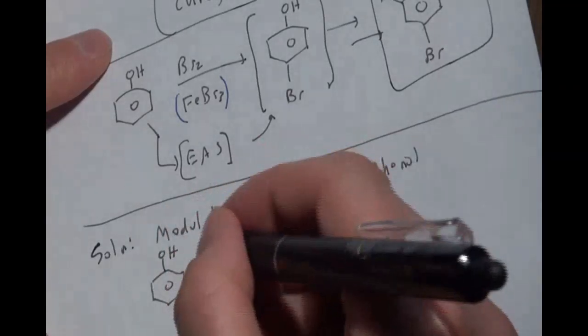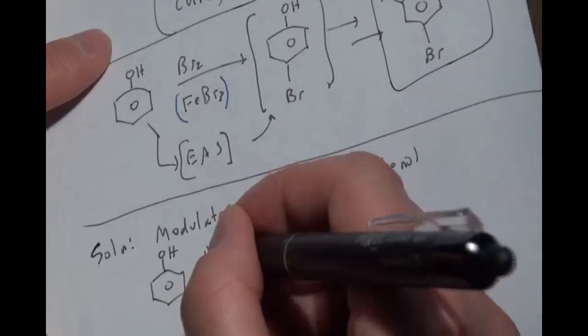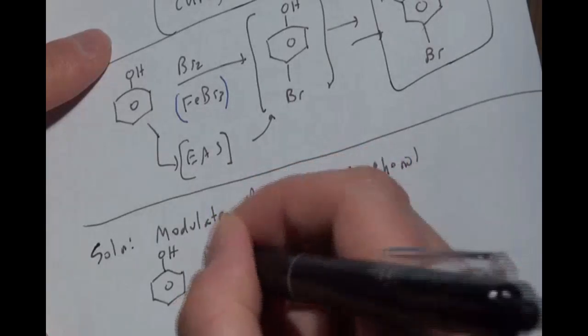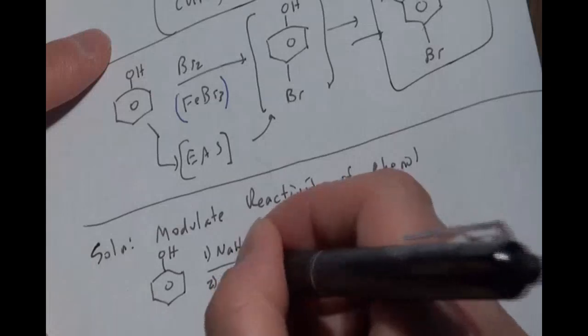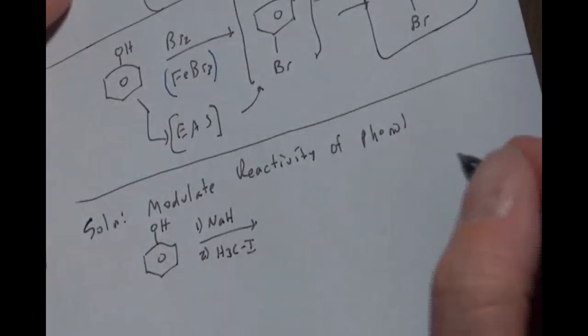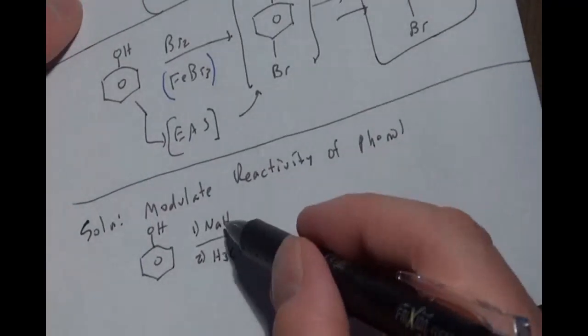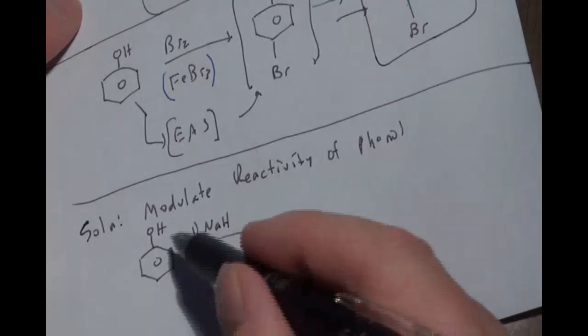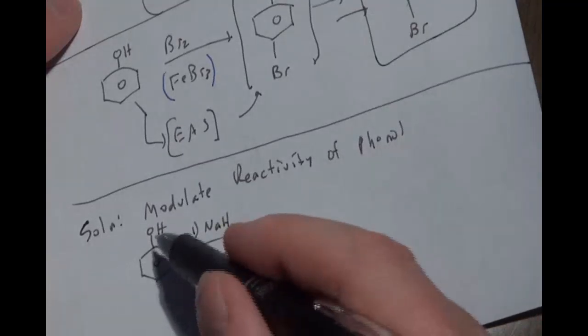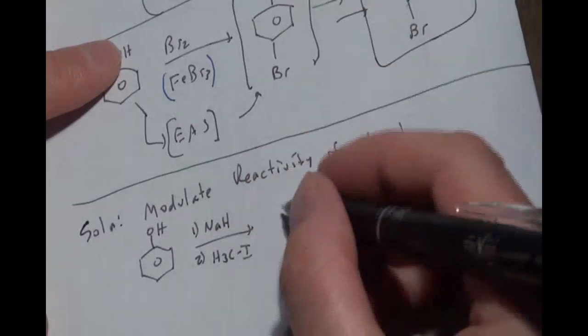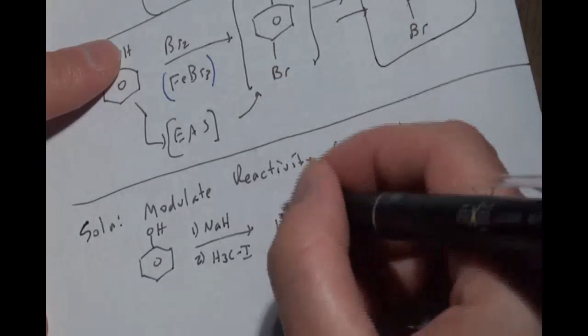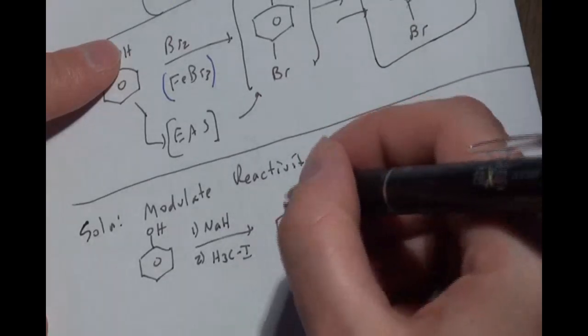One is simply to do a Williamson with NaH and methyl iodide. The base NaH takes off the proton, makes O minus, which kicks off the iodide from the methyl, and you make a methyl ether.